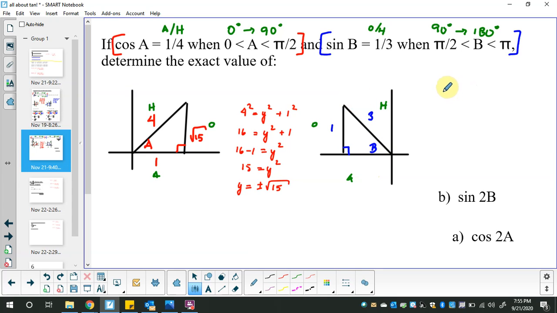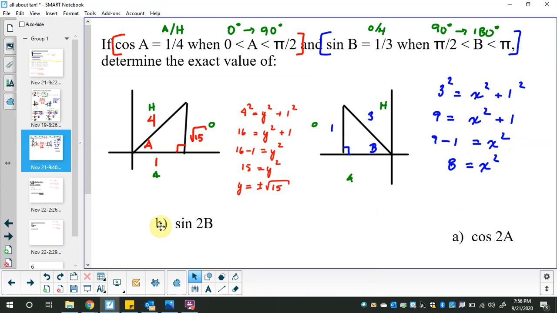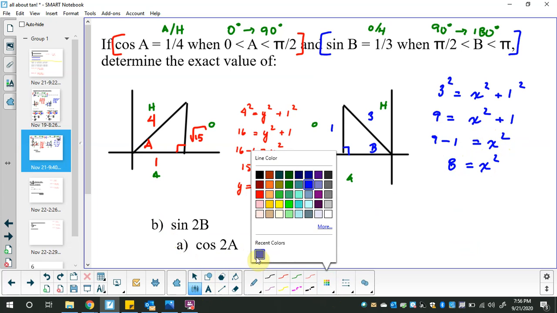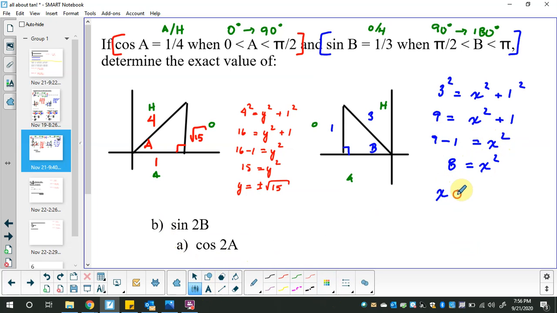Let's find the adjacent. So 3 squared equals x squared plus 1 squared. 9 equals x squared plus 1. 9 minus 1 is equal to x squared. So that's 8 is equal to x squared. So x is equal to plus or minus the root of 8.